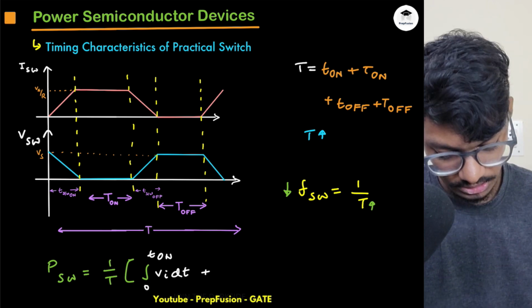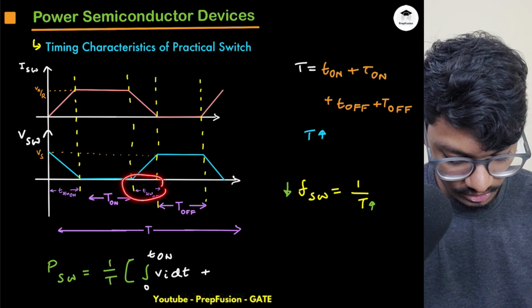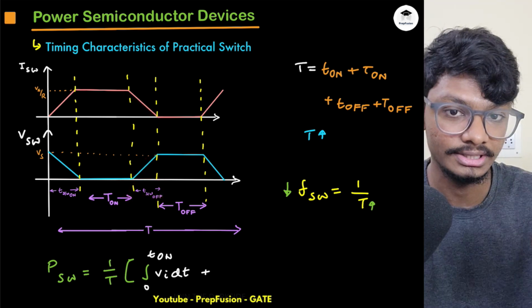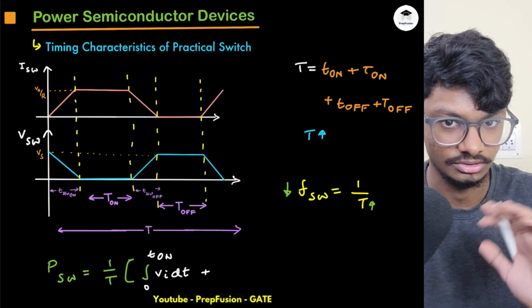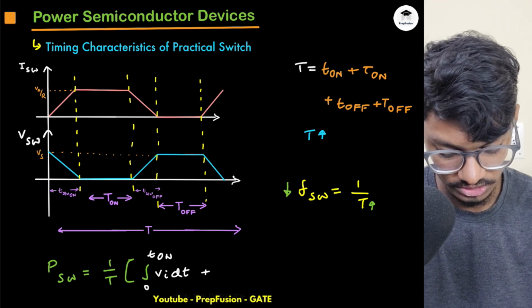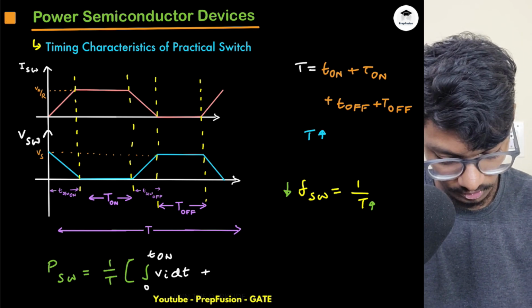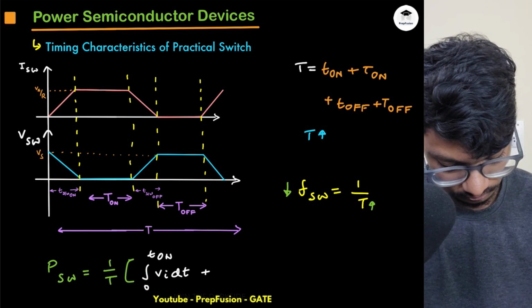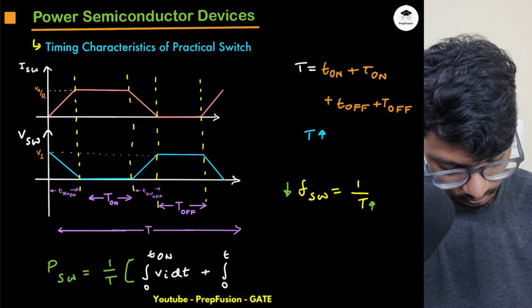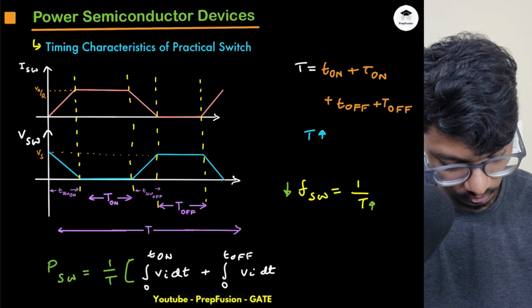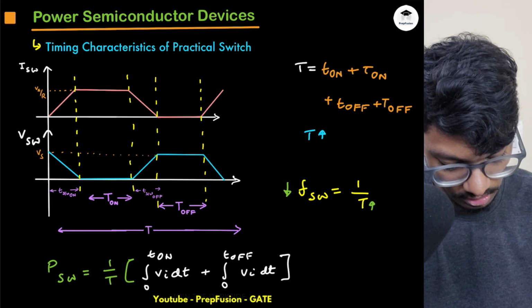Now plus, again if you observe this duration, this voltage and current for this period when the switch is in transition to get off. Okay, other periods the loss is almost equal to 0. So the loss will be almost equal to 0. T of VI dt.